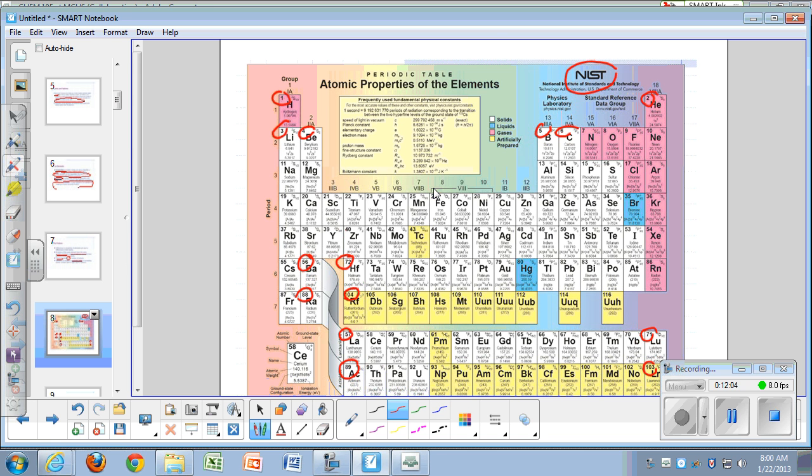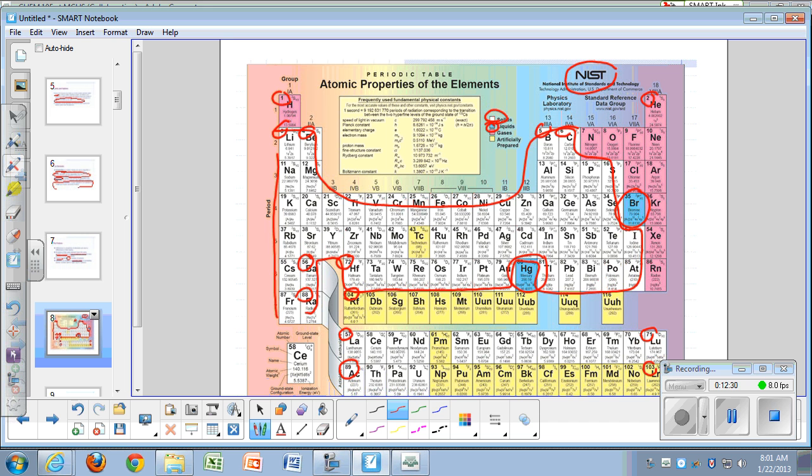You'll notice here the elements that we find in nature as solids are color-coded. They're shown here in white. So most of the elements, if you were to find them in nature, most of them are solids. Okay, and then there are only two elements that are known to be liquids under ordinary conditions. If you find them in nature, that's mercury and bromine.